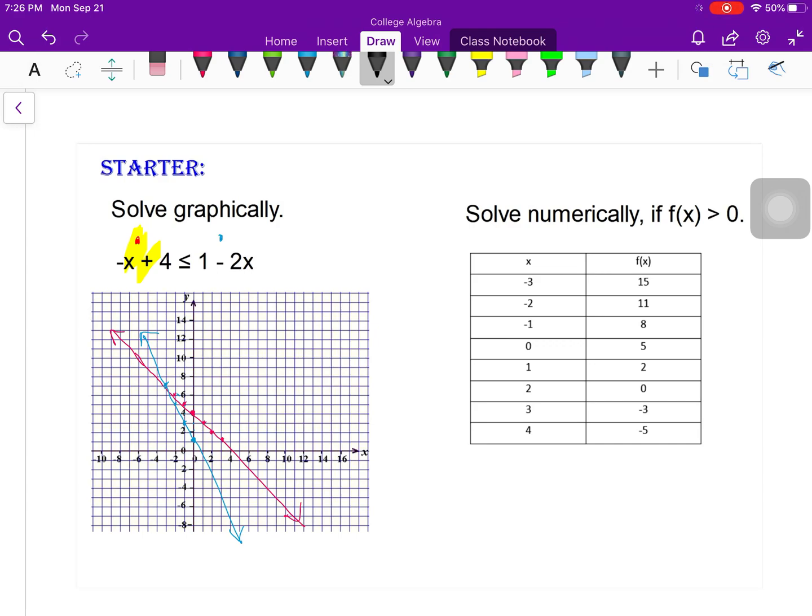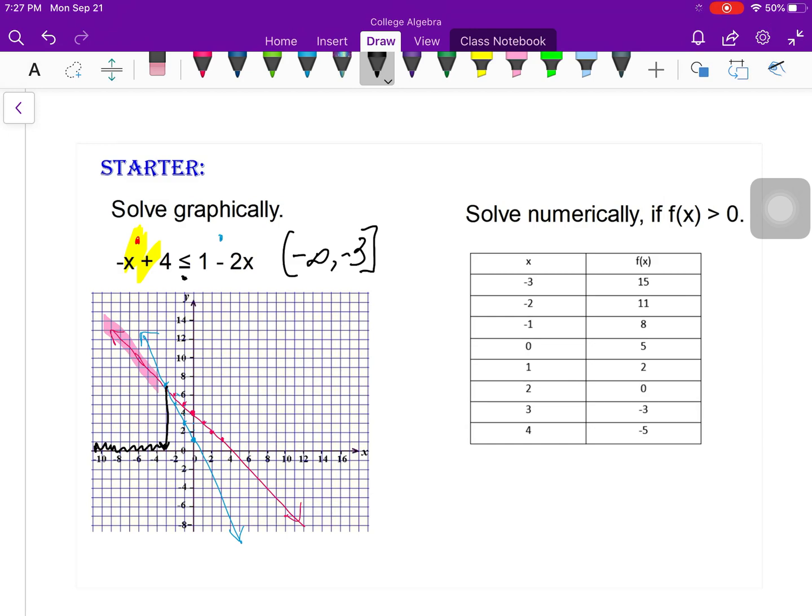So right here, this red graph goes below the blue one. So from negative infinity to negative 3. And it would be equal there because we have an equal bar here. So all of this is where the red graph goes below the blue graph.